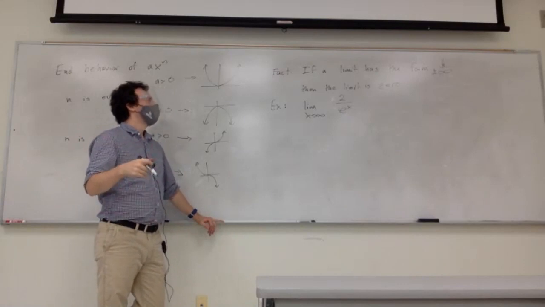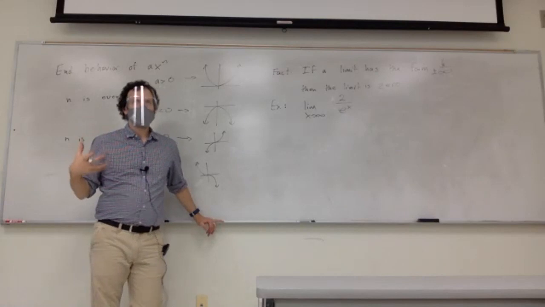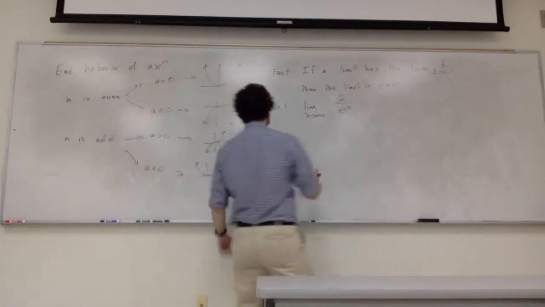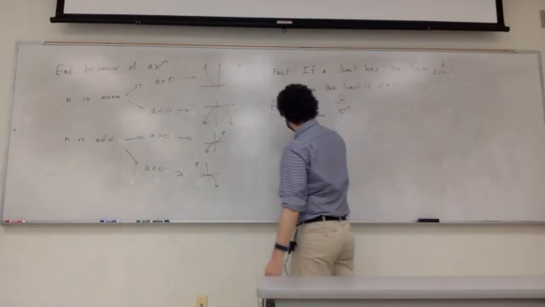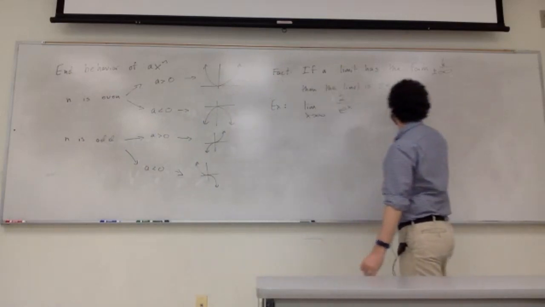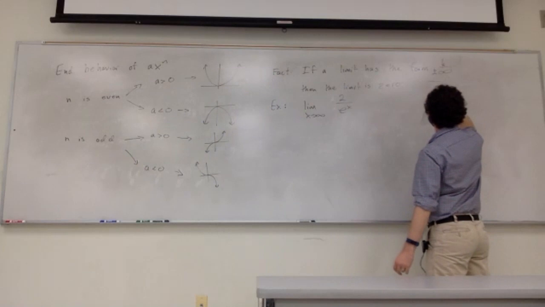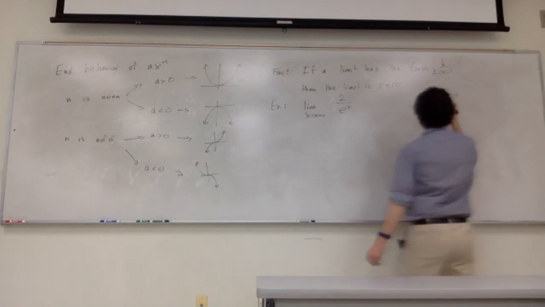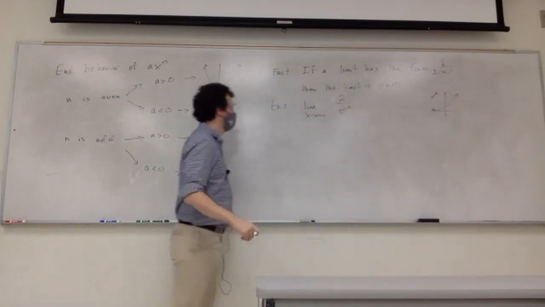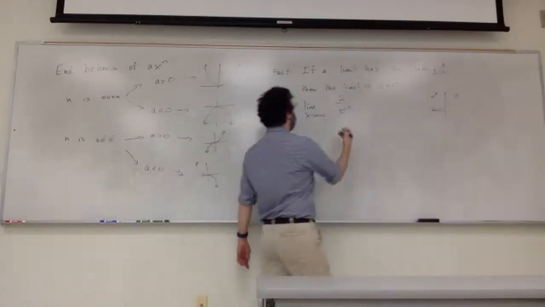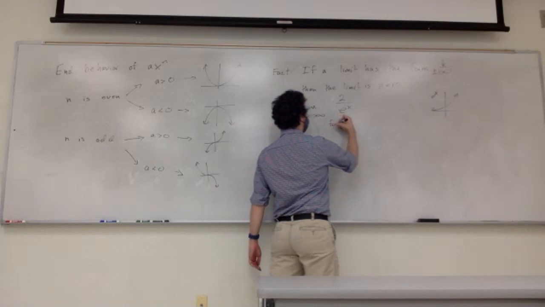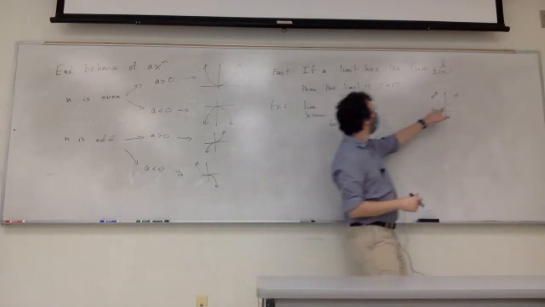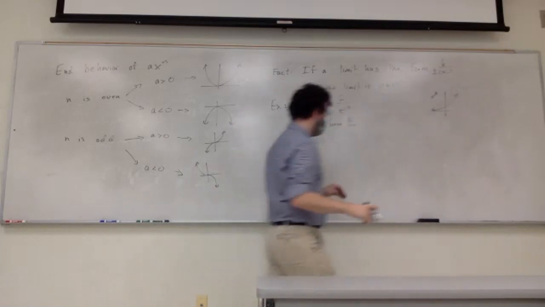The way that I do it to try to minimize the quantity of things that I need to memorize is that really e to the x has this shape. And so this limit has the form 2 over infinity, because e to the x is going to infinity.